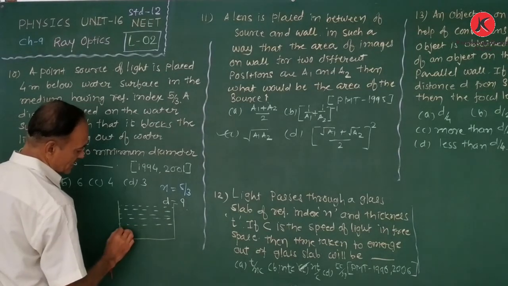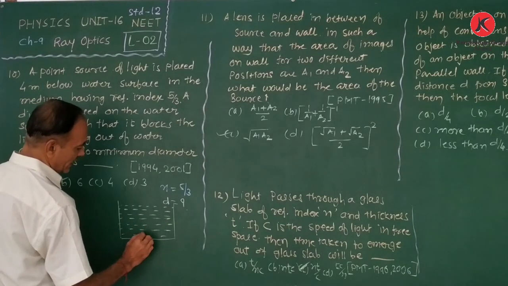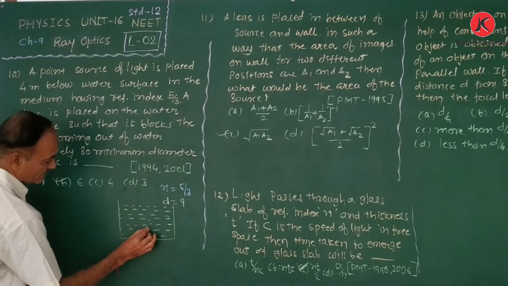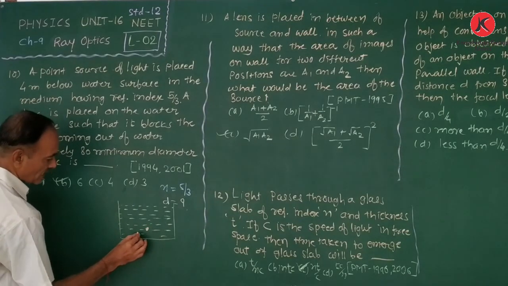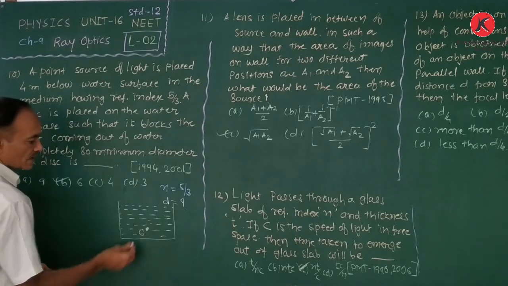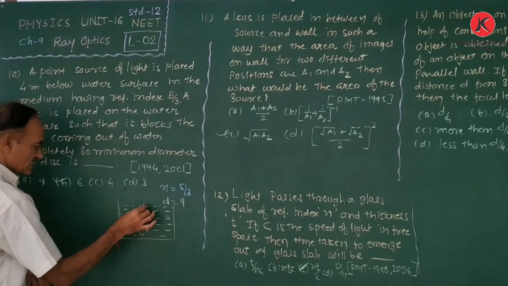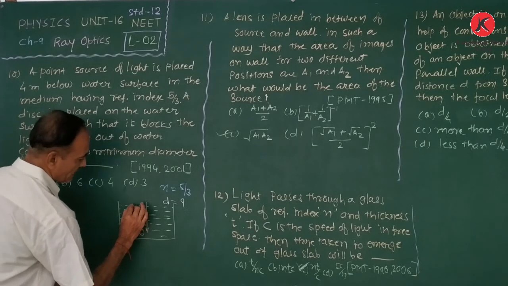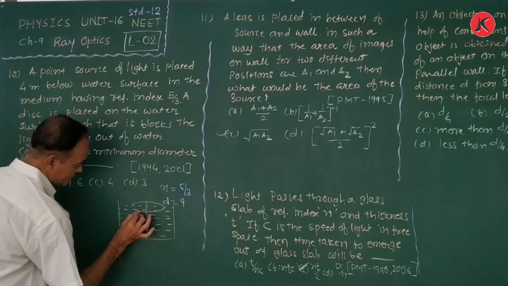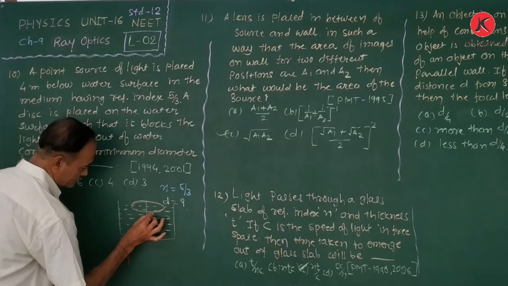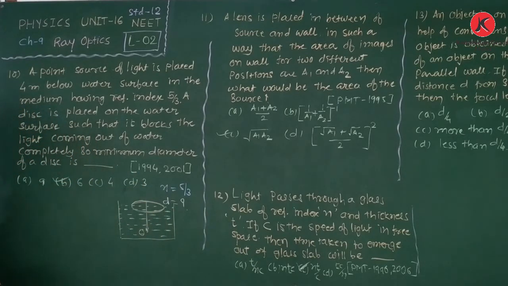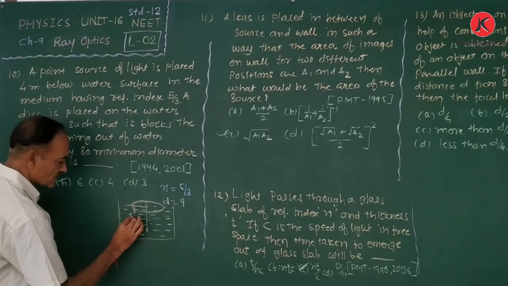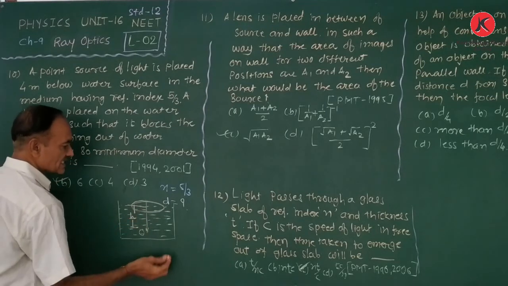A point source is placed in the water at 4 meter depth. Point source is here. Just we place the disk on the surface of the water like this. Depth of source h is given as 4 meter.